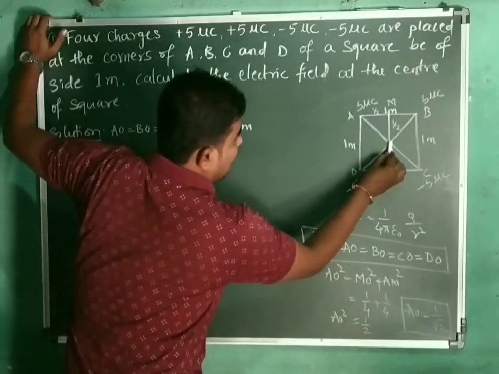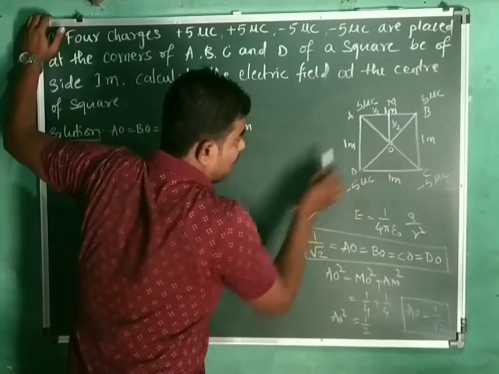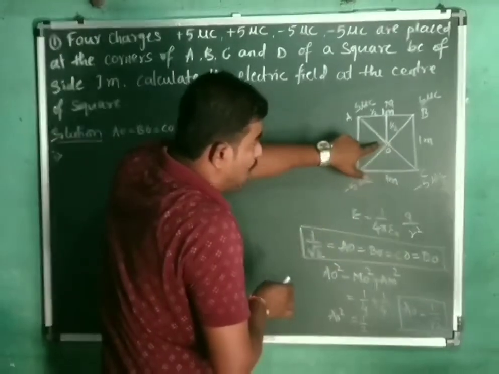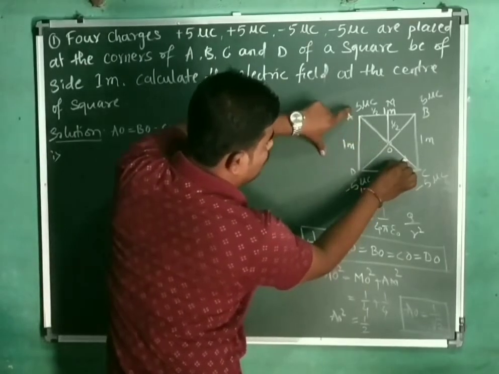Okay, now see here, first we shall calculate. If I place a small positive test charge at location O, that small test charge will get repulsed in this direction due to this positive charge.